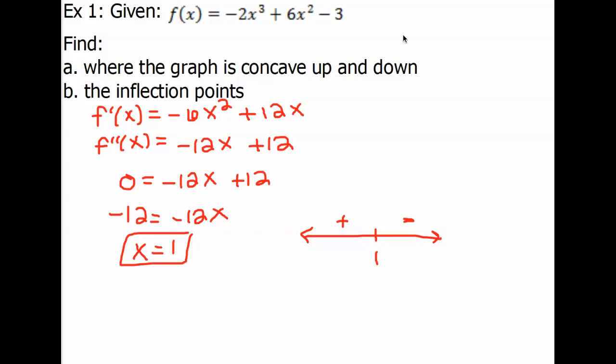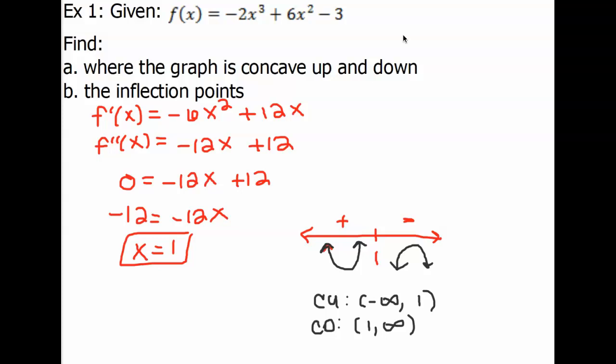So what that means is that on the original graph, it is concave up from negative infinity to 1, and concave down from 1 to infinity. And because we had a sign change to the left and right of 1, that means that 1 is a point of inflection.